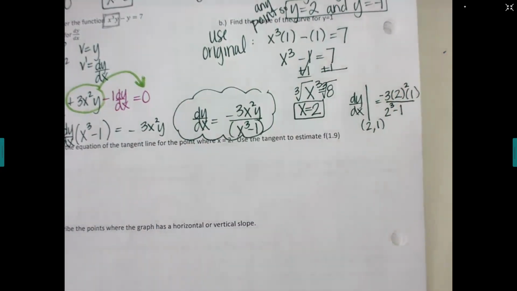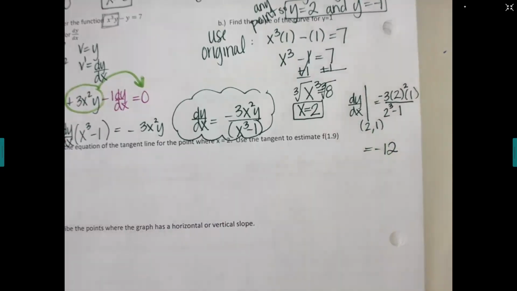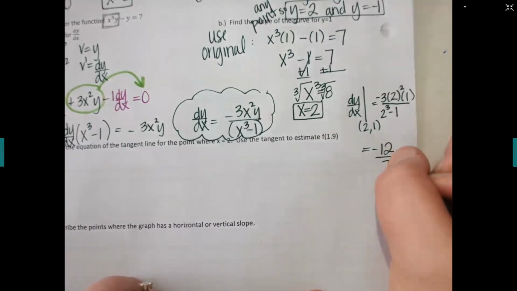Okay, sorry, there's, I guess, no space if you write big. So what do we do first here? Do we do the 3 and the 2 is a 6 and then square? No, bad. 2 squared is? Times 3 is? Negative 12. Okay, then on bottom, 2 cubed is 8. Take away 1 is 7.